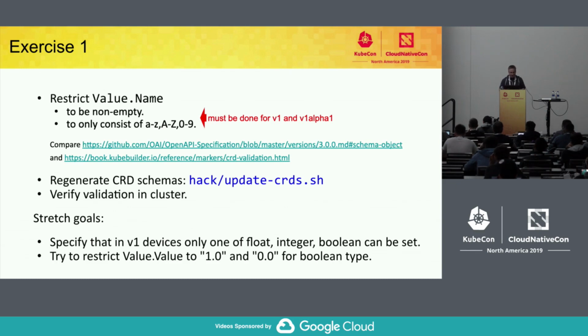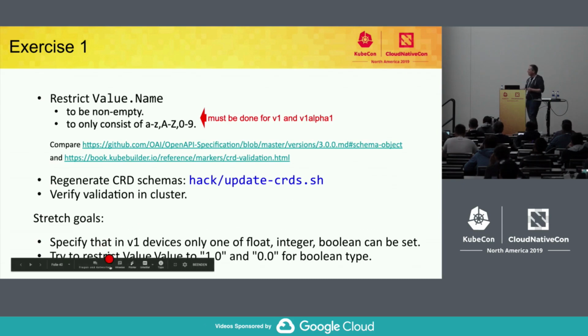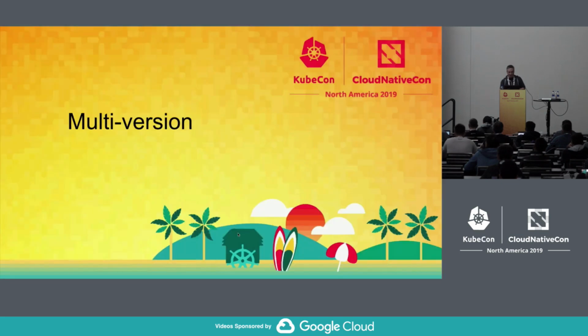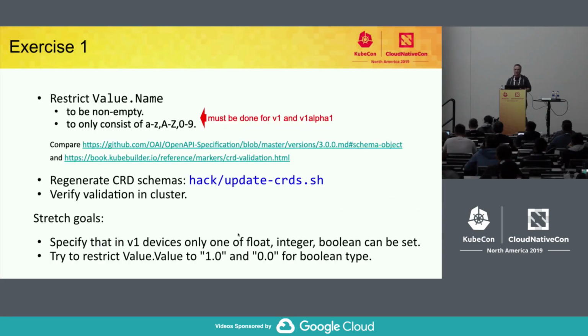Just try it. And the last one is really pretty advanced in OpenAPI. If it's Boolean, you better only have the two values 1 and 0. Not a half, doesn't make sense for Boolean. It's also hard to convert later, so if you want to add conversion, you better just have those two values.